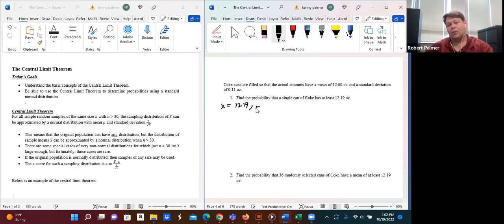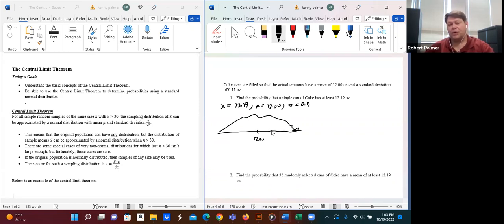Our mu is 12.00, and our standard deviation sigma is 0.11. So if we look at our distribution, now we don't know what the distribution looks like. In fact, I'll just draw it as something like this. It may or may not be normal. Okay, but here is 12.00.